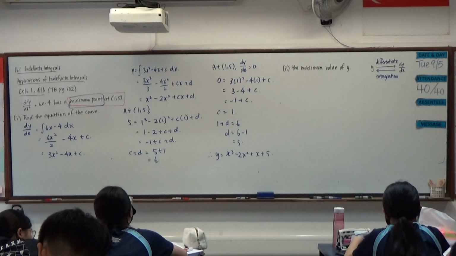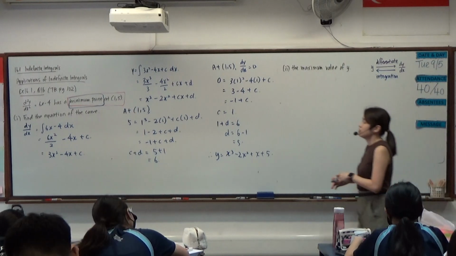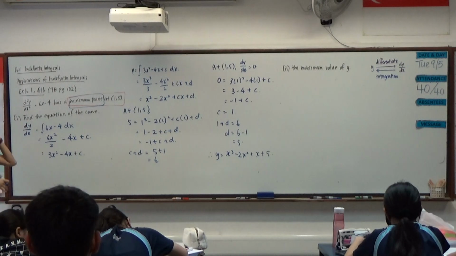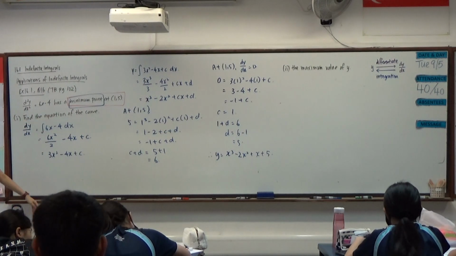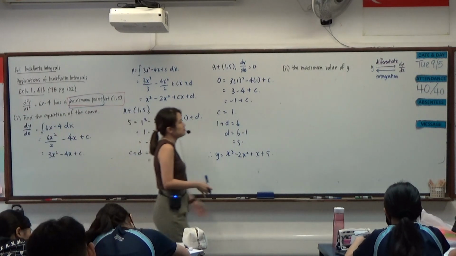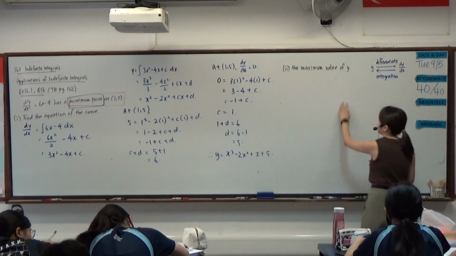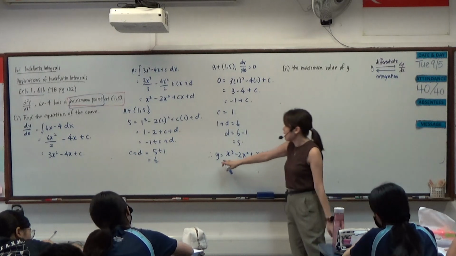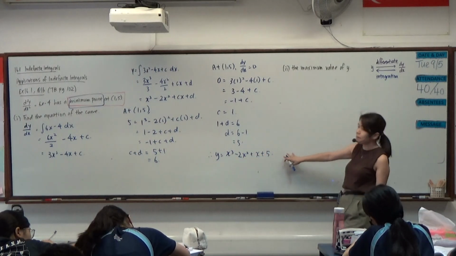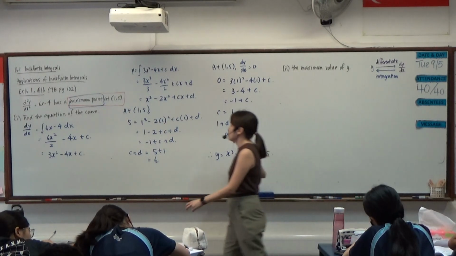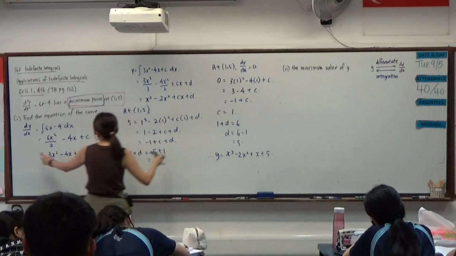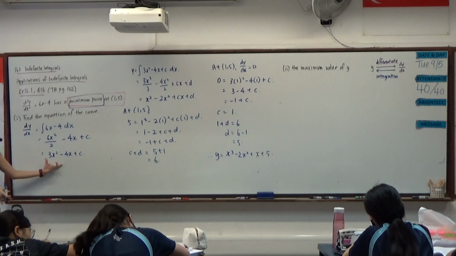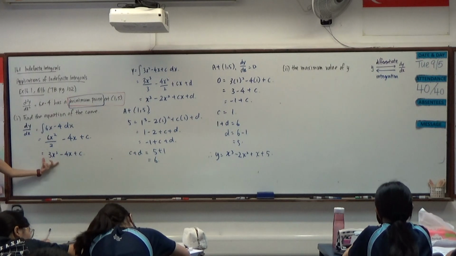So in this curve itself, apparently from the question in part 2, it doesn't just have a minimum point, it also has a maximum. We want to find the maximum value of y. Since we already have y equals x cubed minus 2x squared plus x plus 5, where we have the values of c and d, replacing the c will help us get dy over dx.